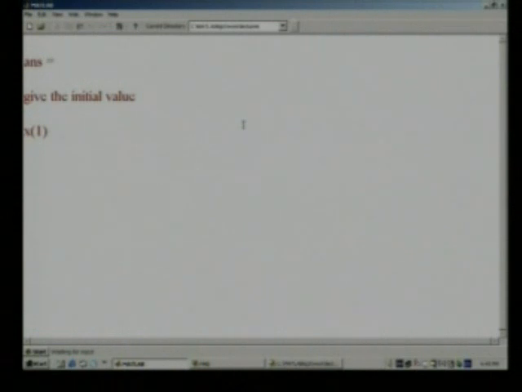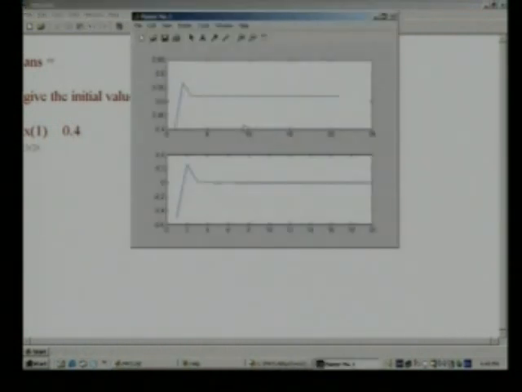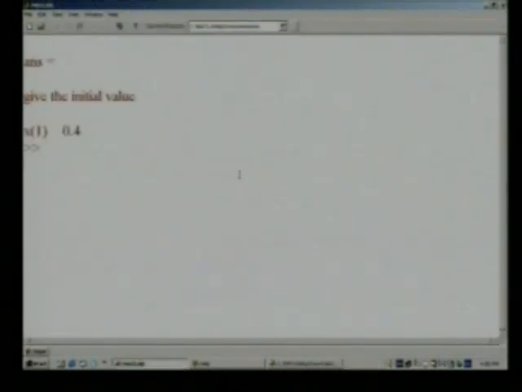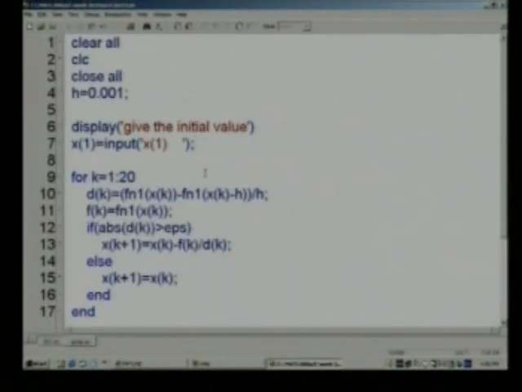It will ask you here on the screen, what are you going to display, the initial value. So x1 will be whatever you are going to give. Suppose I write 0.4. This is the final value. You got 0.519. Can you see that? You got 0.519.